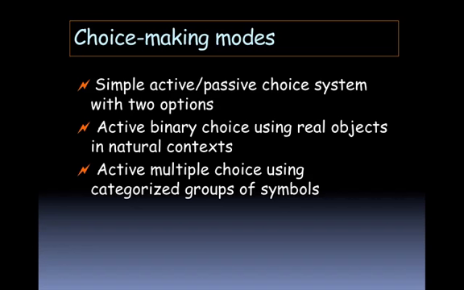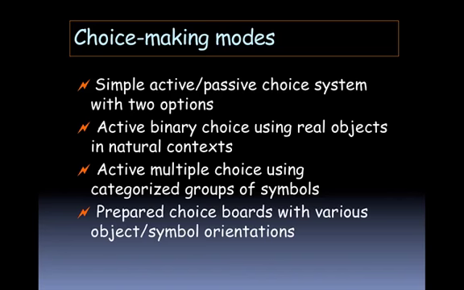You can have multiple choices using categorized groups of symbols. So you may have a choice board that has lots of different snack options on it, such as goldfish crackers, animal crackers, yogurt, and fruit chews, and they would choose from those because it's in one category.